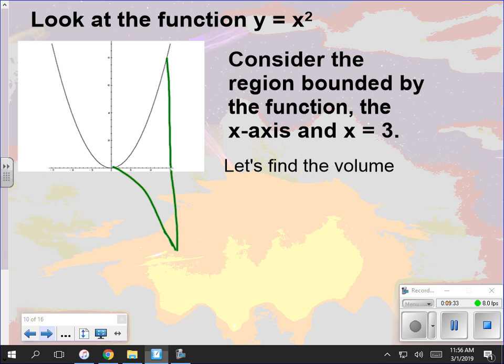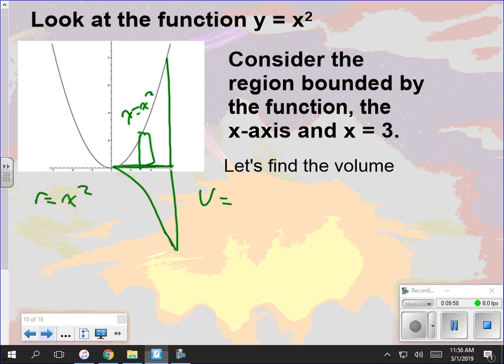Our axis of rotation is down the center. There's one of our rectangles. What's our equation again? It's y equals x squared. So what's the radius? Our radius is x squared.